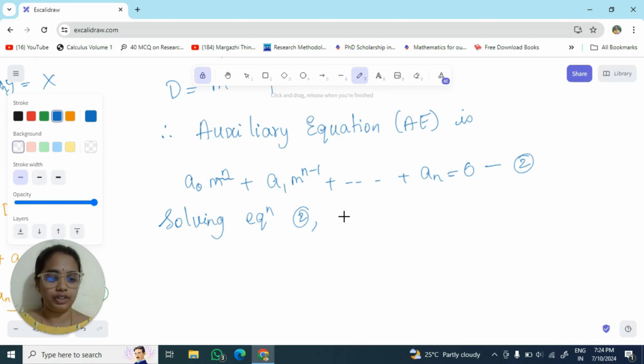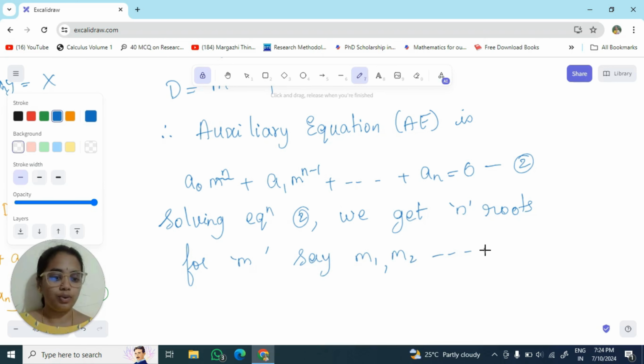The highest power over here, right? We get n roots for the term m. Say for example, the roots are m1, m2 and so on up to mn.